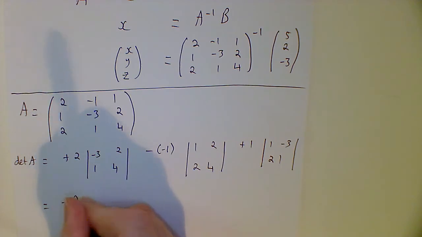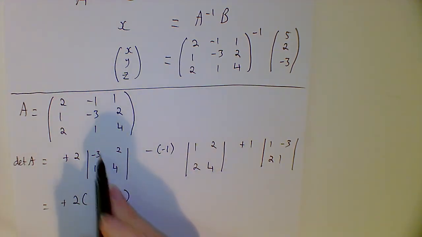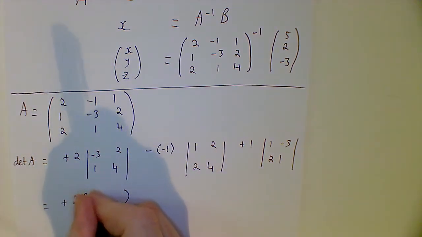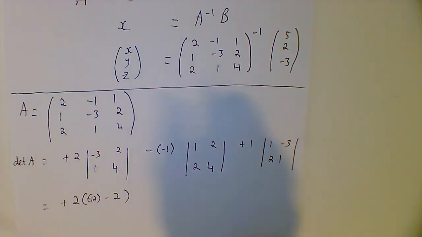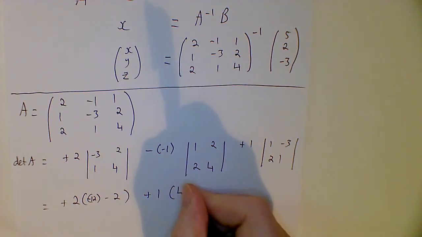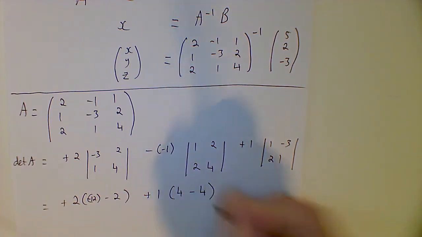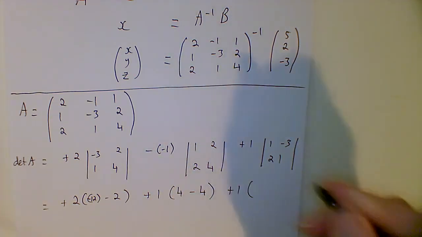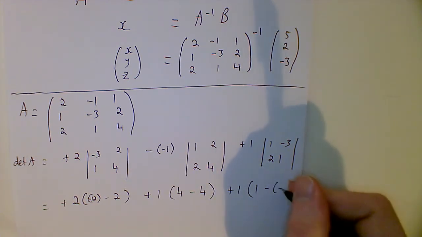And remember, we just do AD, take away BC, so that's negative 12, take away 2, that becomes plus 1, 4, take away 4, plus 1, 1, take away negative 6.